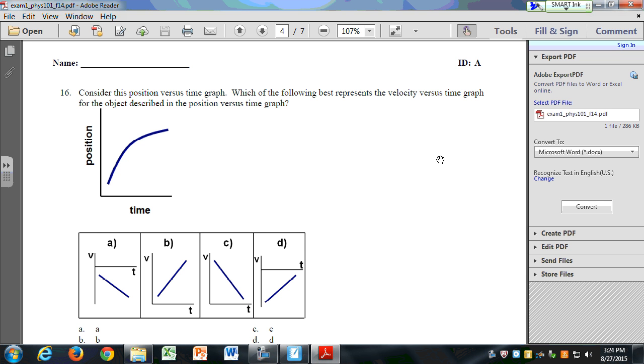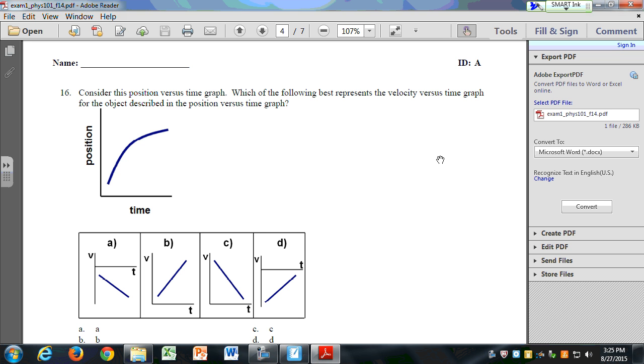This is number 16. So the first thing you want to ask yourself is what the slope is doing, because the slope of a position versus time graph gives the velocity. So each point on here, the slope is represented by the value of this plot. So what is the slope doing here? Is it increasing, decreasing, positive, negative? It's decreasing. It's big, and then it gets smaller, steep, less steep.